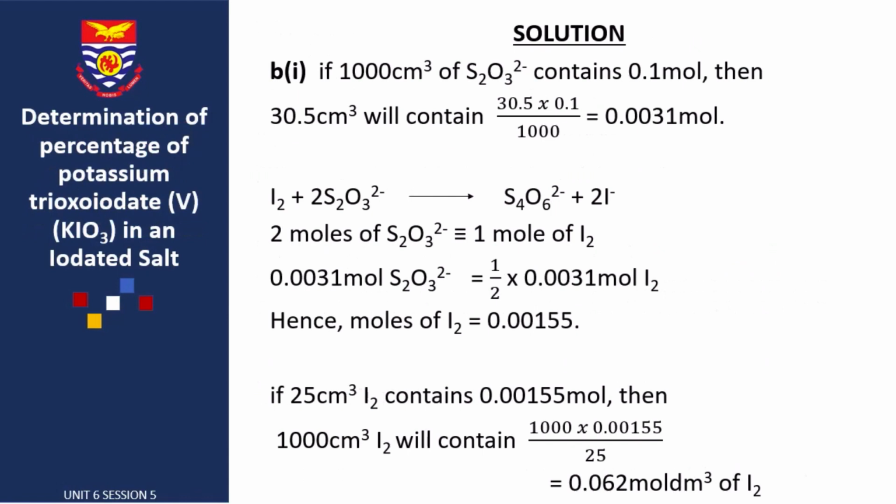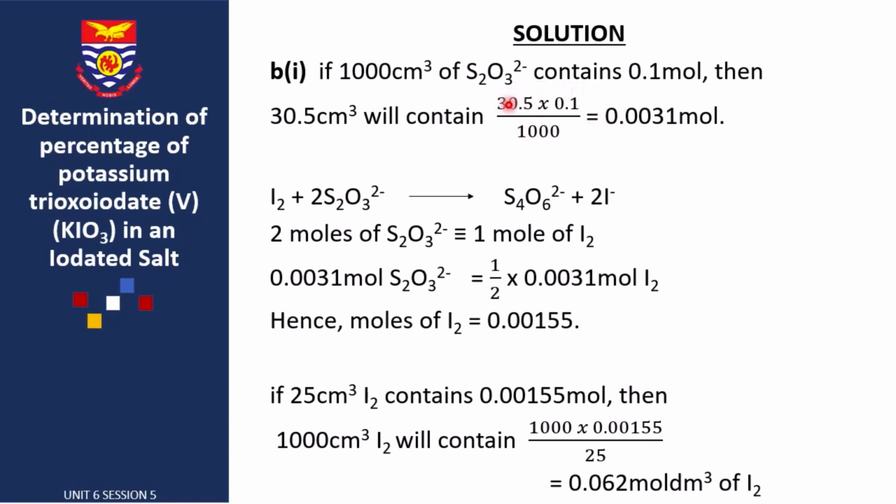Okay, so we start with the thiosulfate by interpreting its concentration. 0.1 mol per dm cubed, meaning 1000 cubic centimeters contains 0.1. So if 1000 contains 0.1, then the 30.5 that was used contains how many moles?